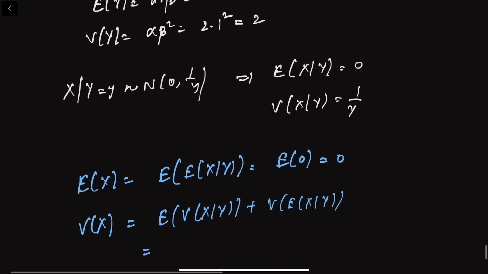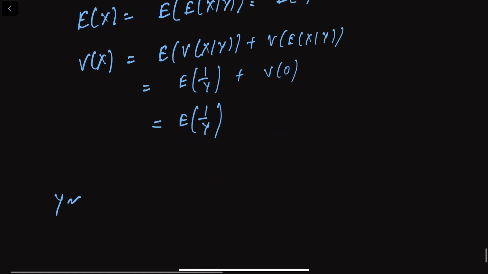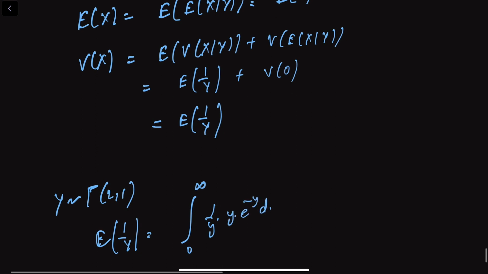That is expectation of 1 by y plus variance of 0, which is expectation of 1 by y. Now y follows gamma(2, 1). We need to find the expectation of 1 by y, which is the integral from 0 to infinity of 1 by y into y e^(-y) dy, which is the integral from 0 to infinity of e^(-y) dy.